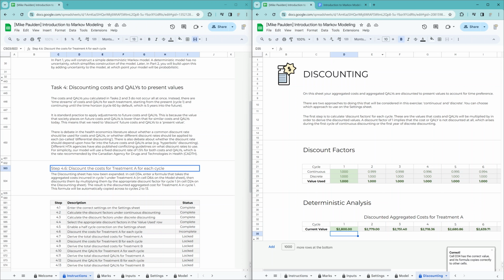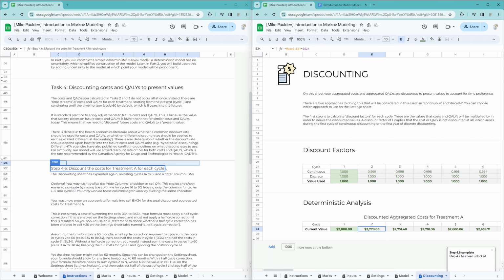Okay, so you can see that that has been copied across, and in E34, it's not referencing D64, it's now E, and it's also referencing the discount factor for cycle 2, which is what we want. And in cycle 3, that's also referencing the discount factor for cycle 3.